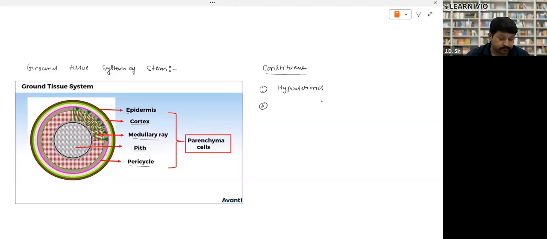Second, cortex. Third, endodermis. Fourth, pericycle.